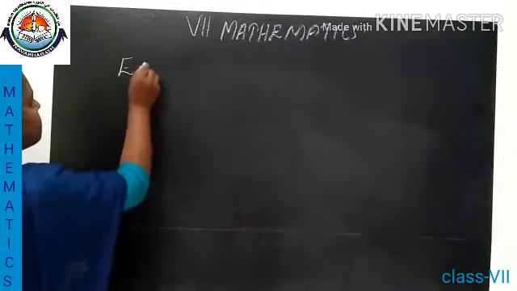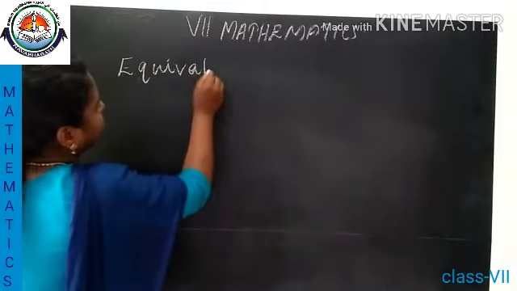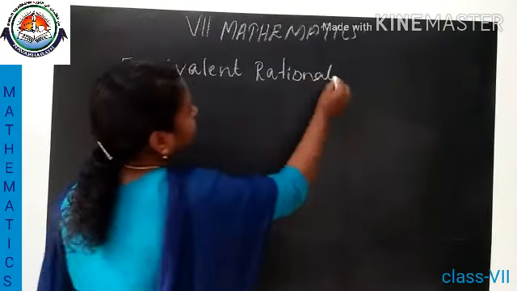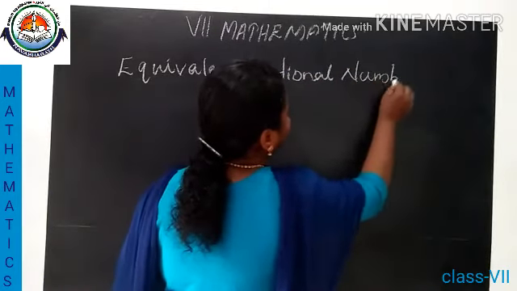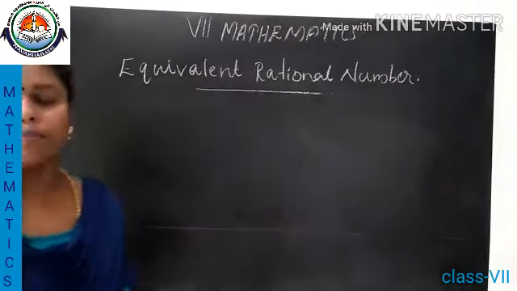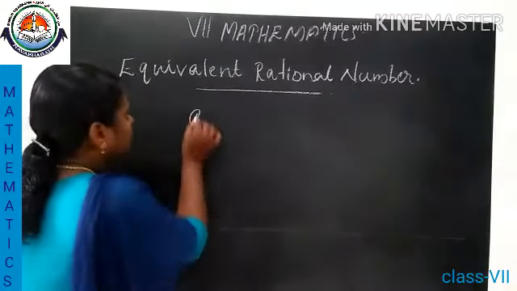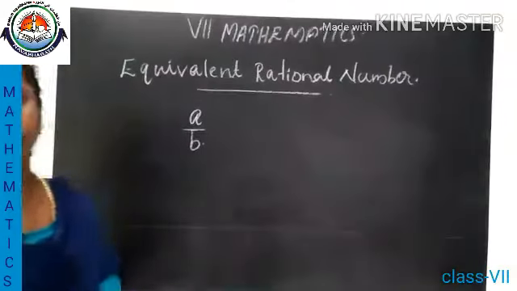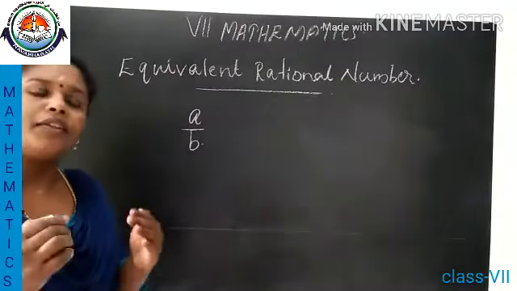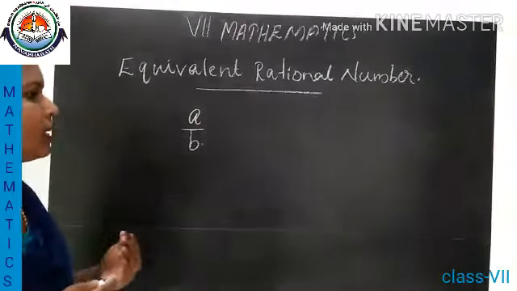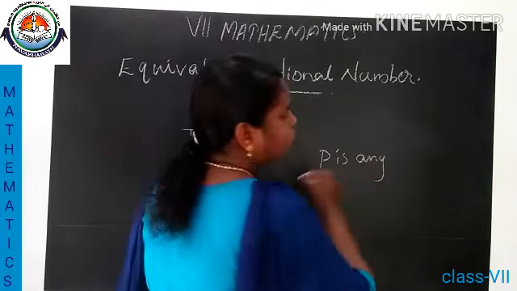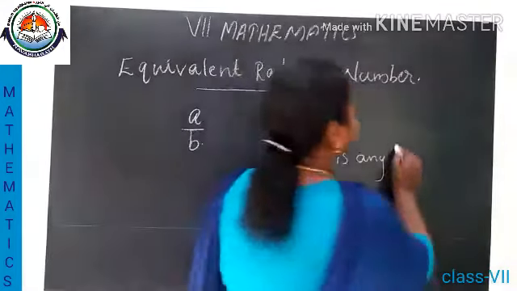Equivalent rational numbers. So how can we define equivalent rational numbers? Suppose we have a rational number a by b, and we can take any integer p, positive or negative.